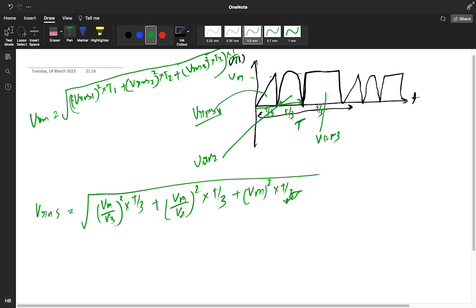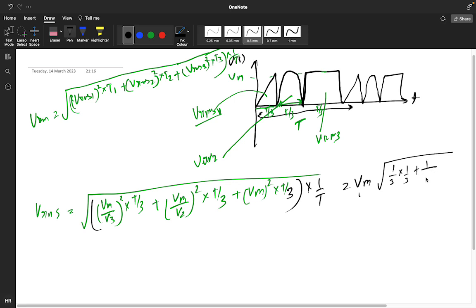So T by 3, T by 3, and it will be divided by T. So what value will you get? Vm will come outside, and T will cancel out. You are getting 1 by 3 into 1 by 3, plus 1 by 6, plus 1 by 3.